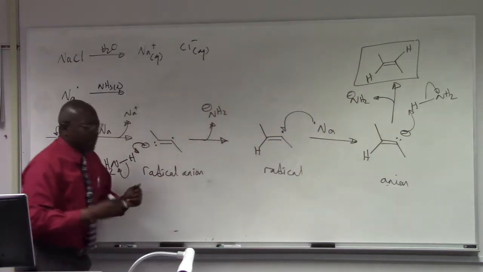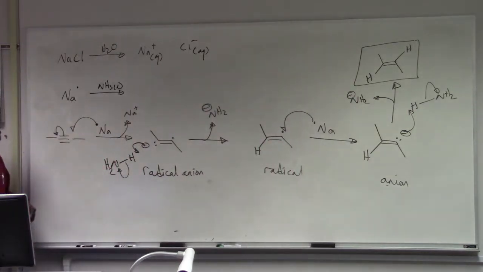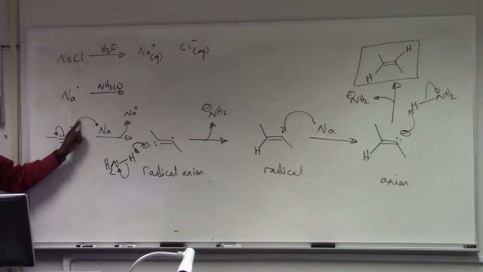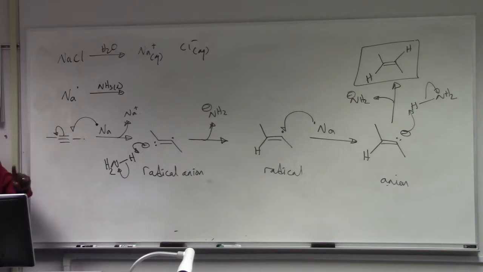There are 3 points I think that need to be made in this scenario. One is that the electropositive metal, like we use with sodium or lithium, they work really well. Notice the initial arrows. It's a fish hook, meaning that the sodium donates 1 electron, and a full-headed arrow.